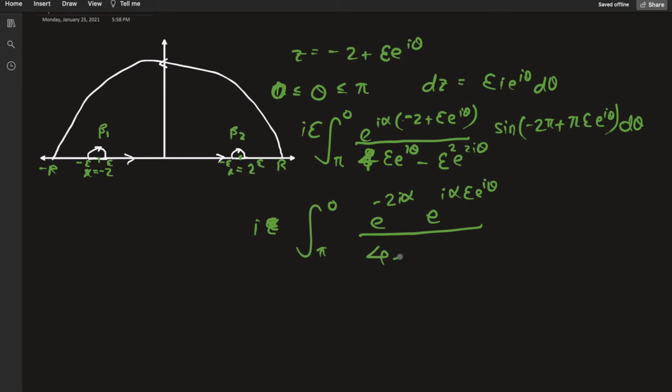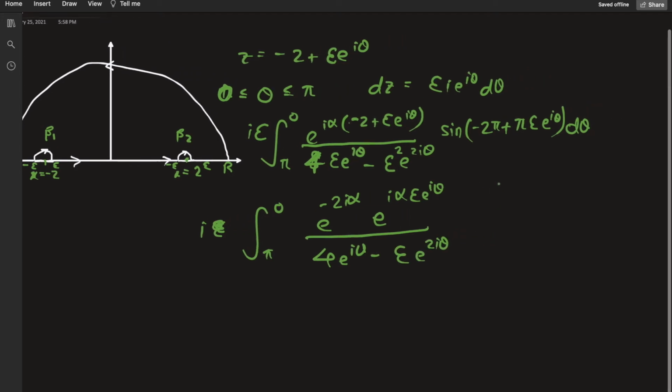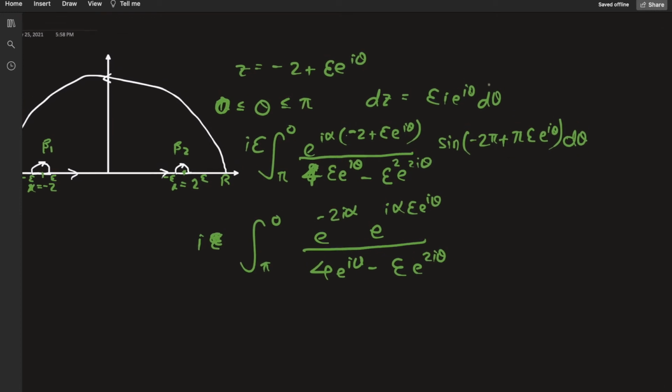So 4 e to the I theta minus epsilon e to the 2I theta. Well, I forgot an e to the I theta over here because of the dz. So I can just write it here maybe.